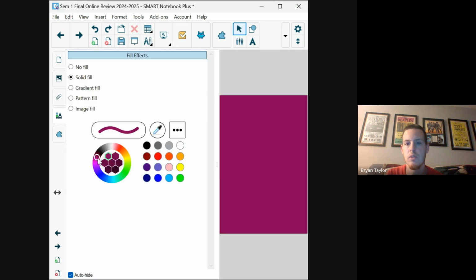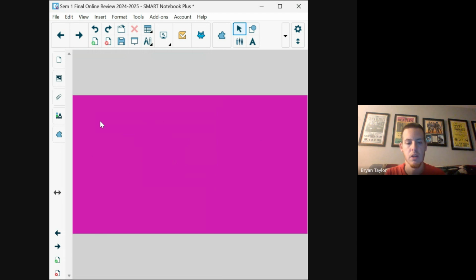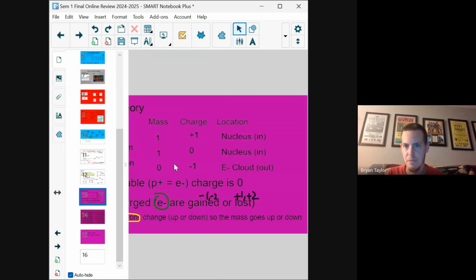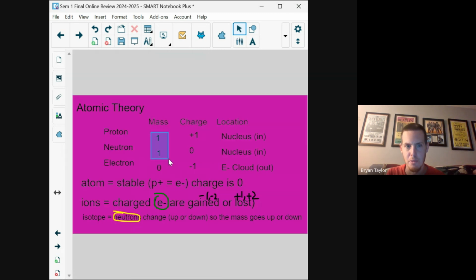There we go. You got atomic number. That's literally protons. That's it. You got atomic mass, which is protons plus neutrons. Again, that's literally because they're the only things that weigh anything. It makes sense that that's the formula, right?